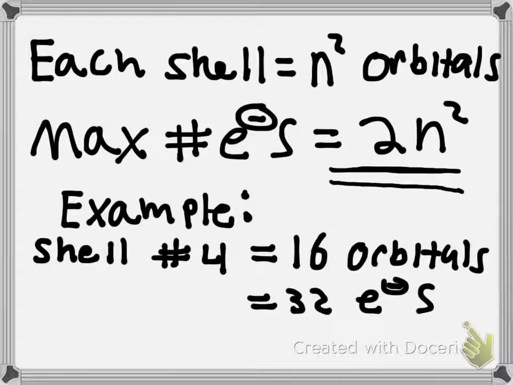So we need to understand the formulas really quickly. If we want to figure out how many orbitals are going to be within a specific element, all we do is we look to see which shell we're in, which I will show you in just a minute. Anyway, we will go ahead and use the formula n squared.